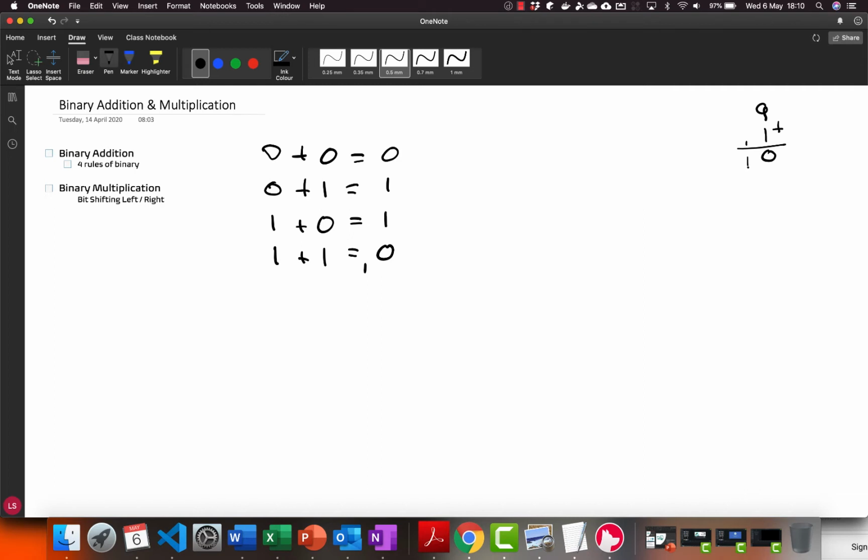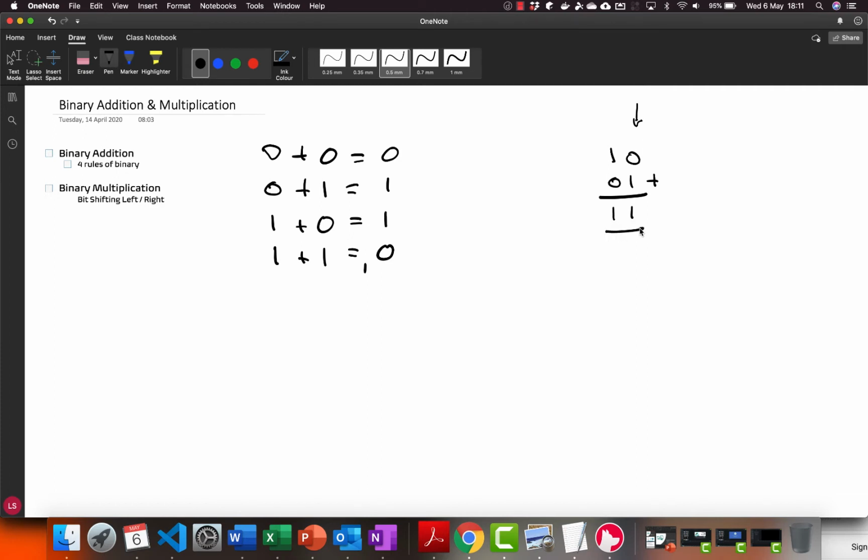Now, those four rules seem ridiculously simple, and all you've got to do is be able to apply them. So if I have a binary number that looks like this, 1 0 plus 0 1, what I'm going to do is start on the right-hand side of my sum. 0 plus 1 is 1. 1 plus 0 is 1.